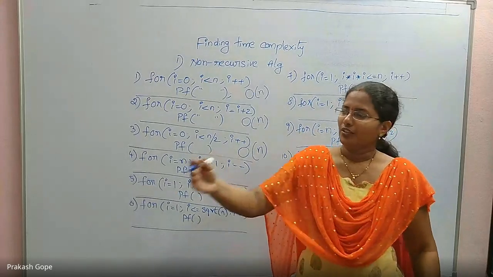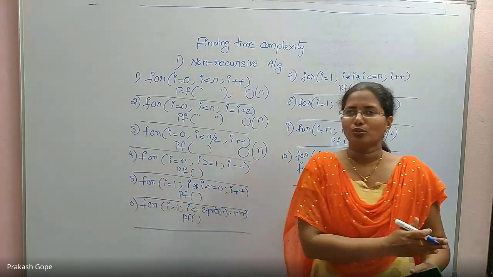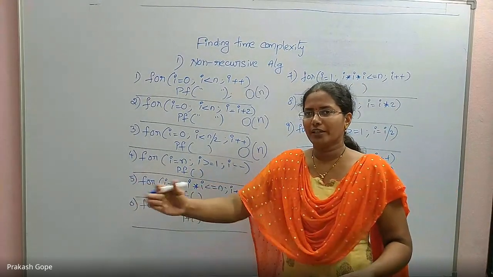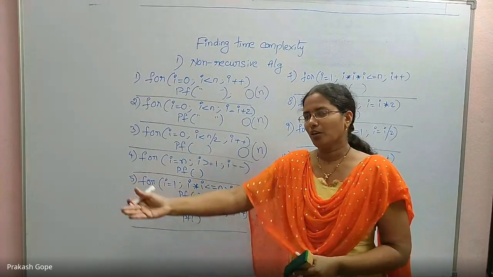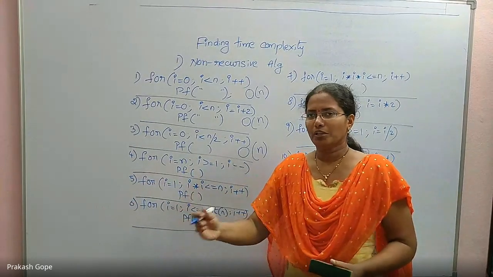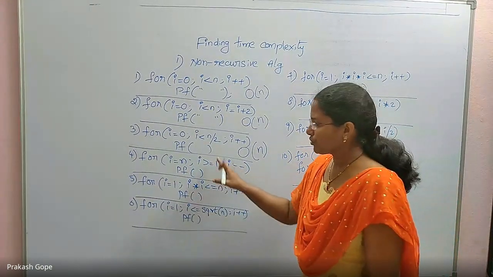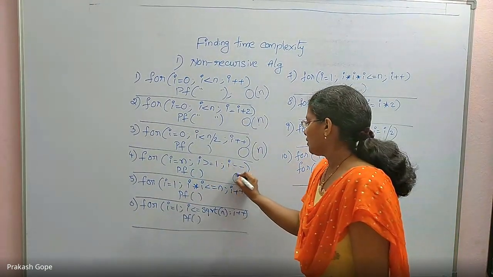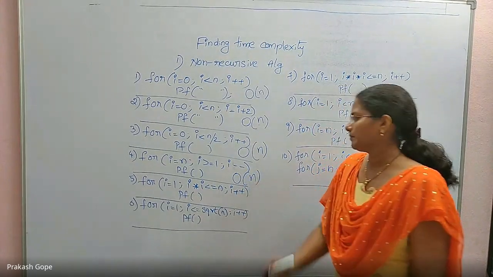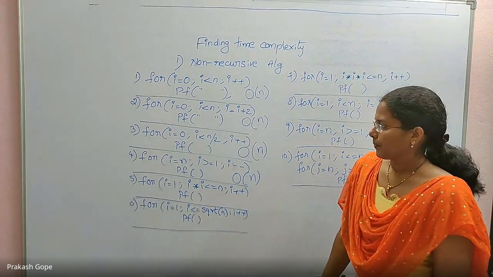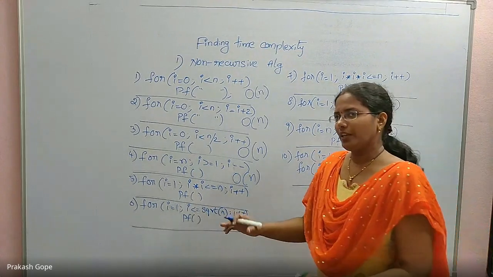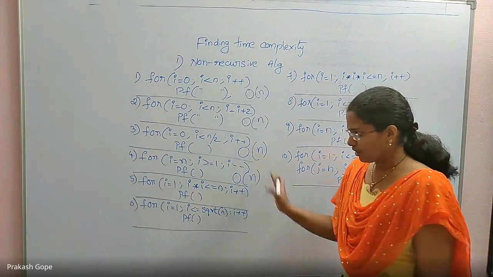Whether you go from 1 to n or n to 1, are you not performing all the iterations? 1, 2, 3, 4 up to n is the same as n, n minus 1, n minus 2 and so on. So we are doing the same process n times. So again it is big O of n only. An algorithm can be given in any way just to confuse you. That's why I have written all the different possibilities.